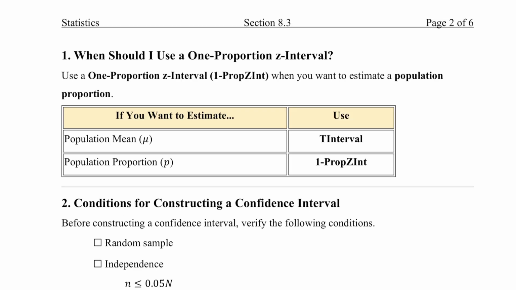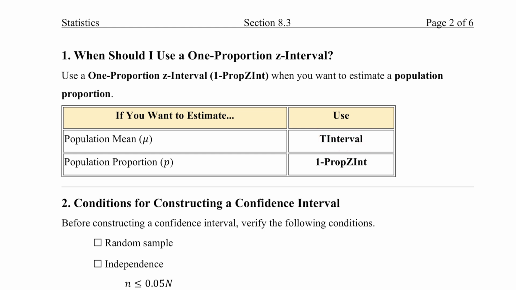Now, let's answer another important question. When should we use a one-proportion-z interval? The answer depends on what you are trying to estimate. If you are trying to estimate a population mean, use t-interval on the TI-84 calculator.